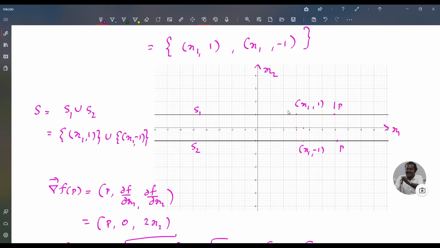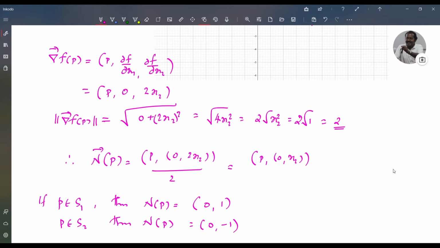This is the orientation at this point, and at this point this is the orientation. So you can have orientations like this. These are the orientations on these two lines.